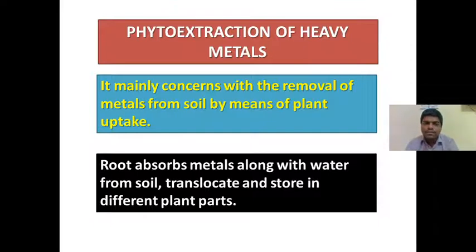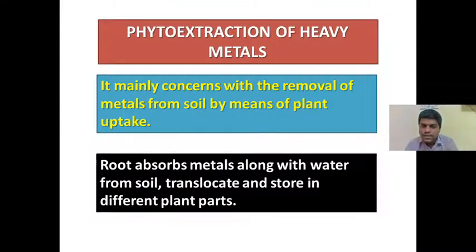Whenever a plant absorbs water with the help of roots and root hairs, along with water, different types of pollutants or heavy metals present in a particular site are absorbed inside the plant parts.